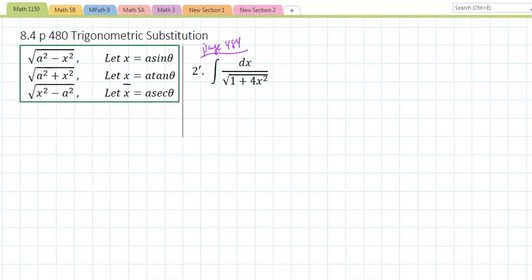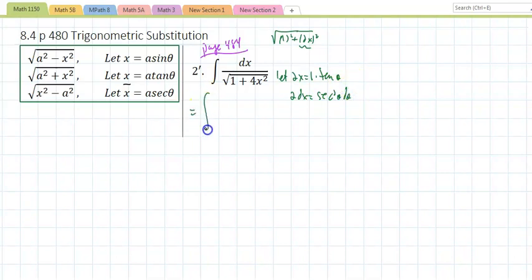So if I glance at this, I could think of this as the square root of 1 squared plus 2x squared. And what's taking the place of x? I'm going to let 2x equal 1 times the tan of theta. And if I take a derivative, 2 dx will be secant squared of theta d theta.